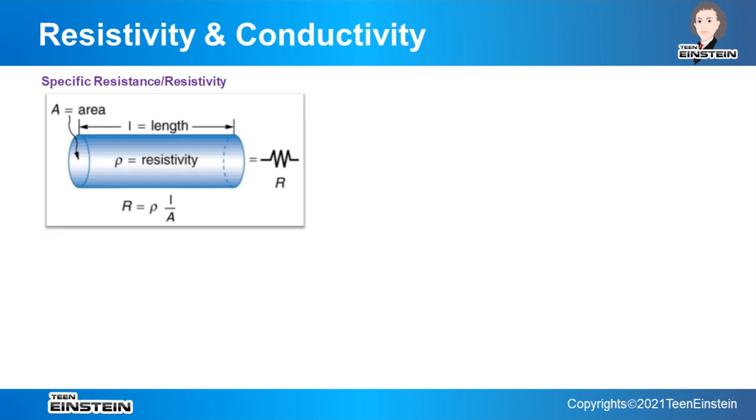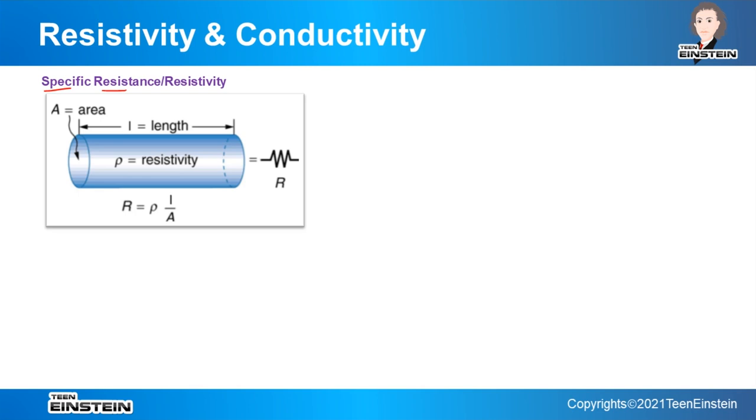So one term we have seen, resistance. Now two more terms, one is resistivity, another one is conductivity. Resistivity is also known as specific resistance. Why should you remember all the names?